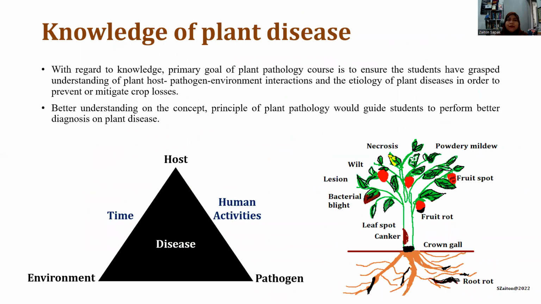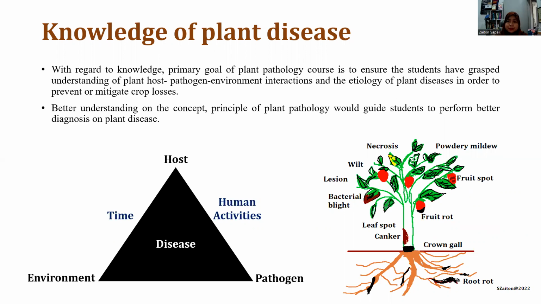All right, the first is knowledge of plant disease. With regard to knowledge, the primary goal of the plant pathology course or crop disease management course is to ensure students grasp an understanding of the interaction between plants, pathogens and the environment, and how disease develops.